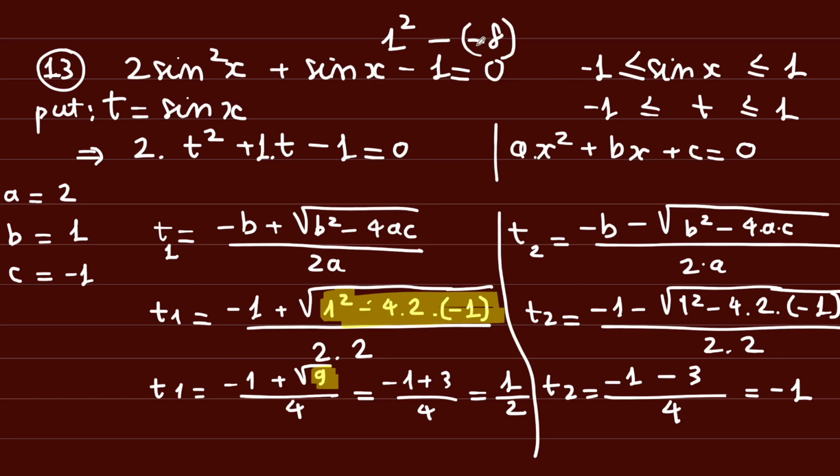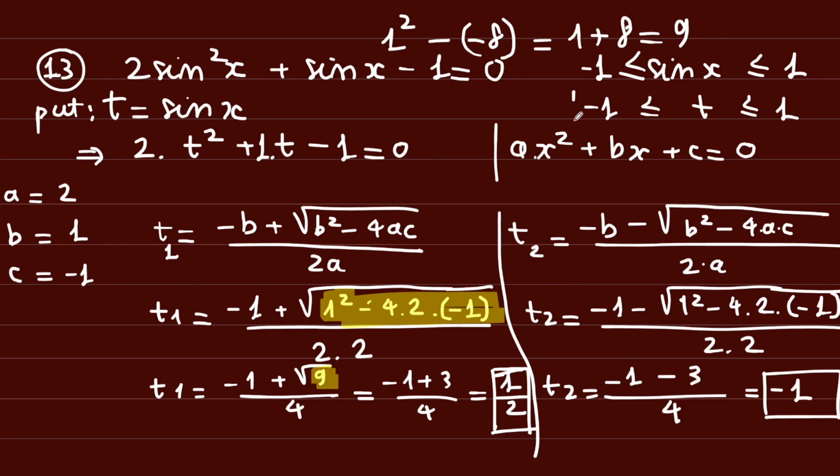So 1 minus minus 8 means 1 plus 8, equal to 9. That's why the number under the square root is 9. That is not a negative number; that is a positive number. So after this step, you got two solutions for t. The first t is 1 over 2 and the second one is minus 1.